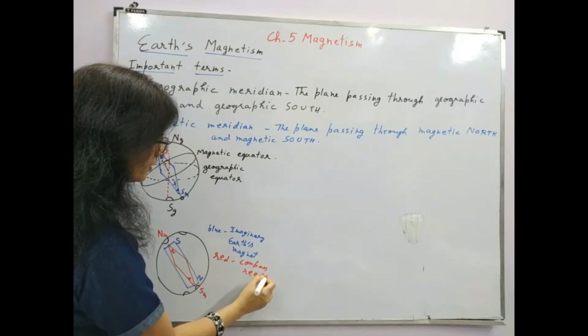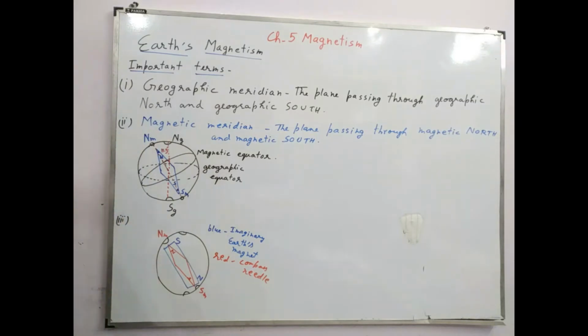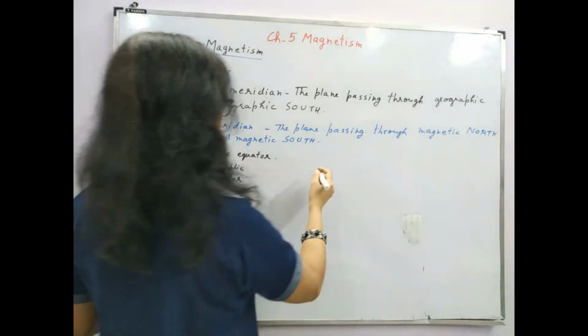The compass needle shows the directions magnetic north and magnetic south, but the Earth's magnet has south and north with opposite polarity. Now if I want to draw the magnetic field lines due to this, I'll draw it in a separate diagram.